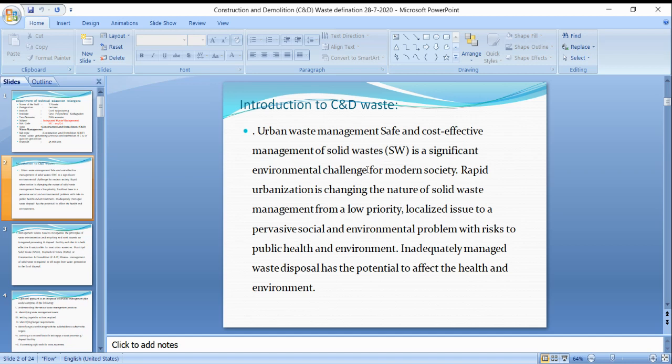In urban waste management, nowadays in urban areas we are getting a lot of constructions, and they require safe and cost effective management of solid waste.